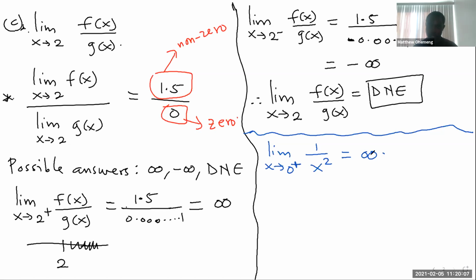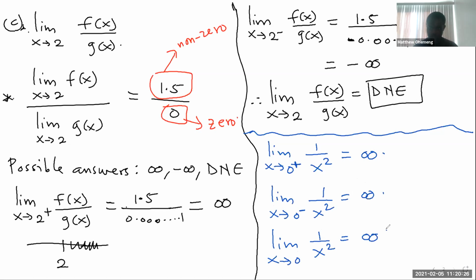This one will give you infinity if you do the analysis from the right, and if you do it from the left, you also get infinity. So the two sides agree on infinity. In this case, if you are asked to find the limit as s approaches 0 in general, then that's just going to be infinity. Do you see the dynamics now?